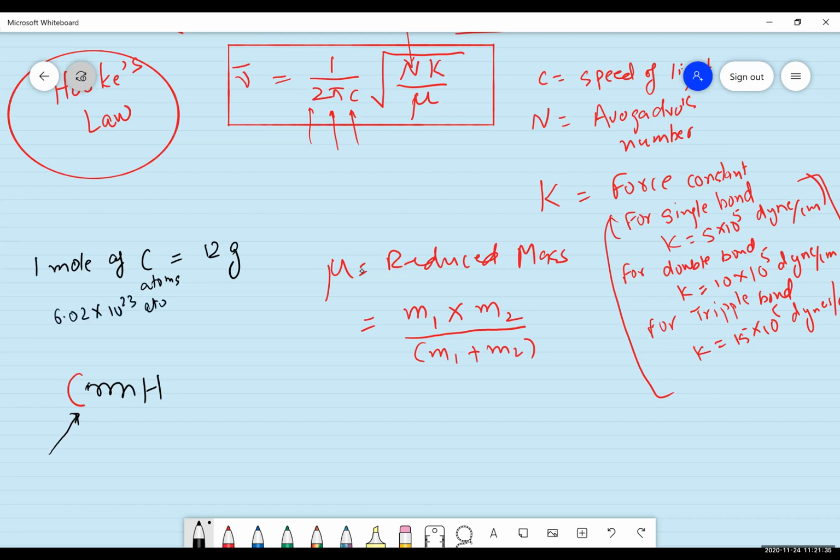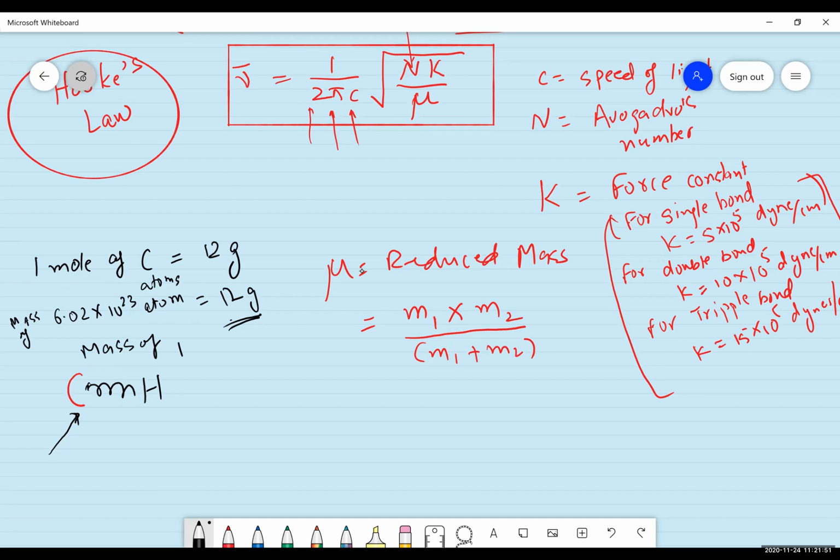So it means 6.02 times 10 to the 23 atoms equals 12 grams. So the mass of 6.02 times 10 to the 23 atoms is 12 grams, right?